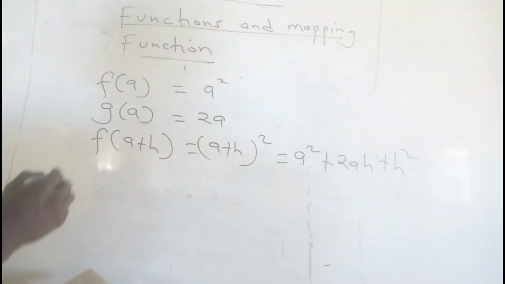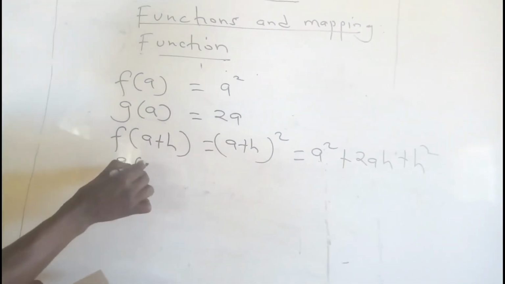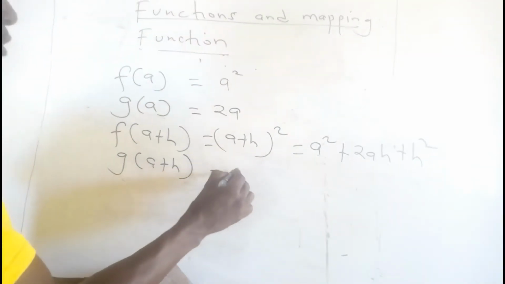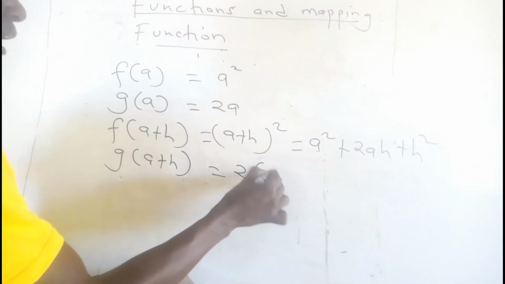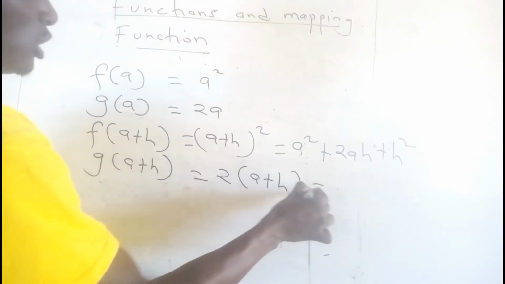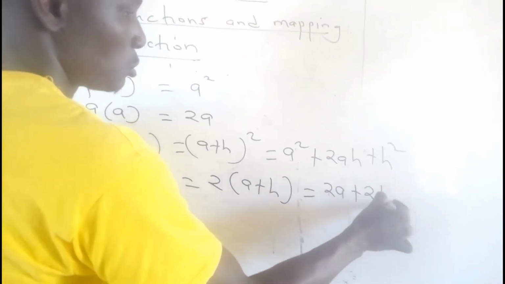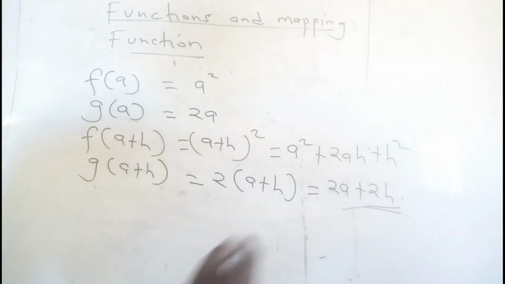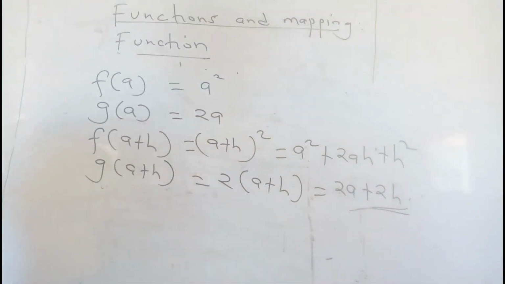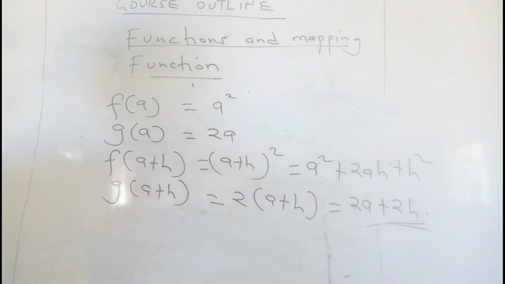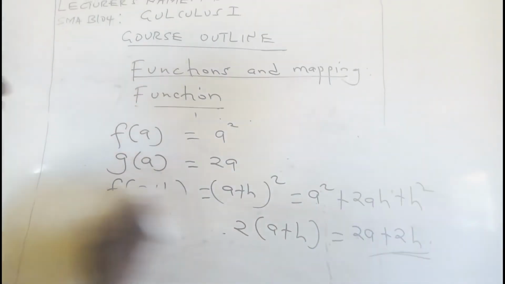If we plug it into g, we will have 2 into bracket a plus h, which gives us 2a plus 2h. So that is an example based on unknown values. Now let's look at another example.